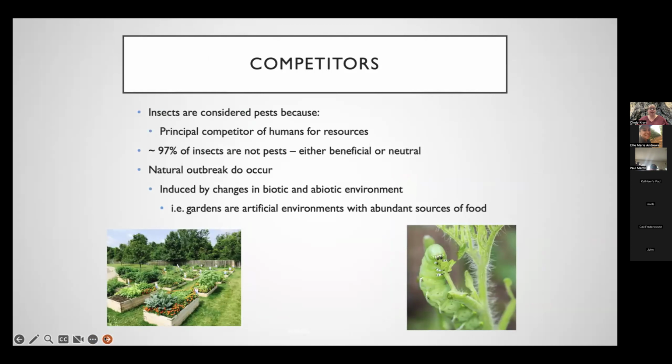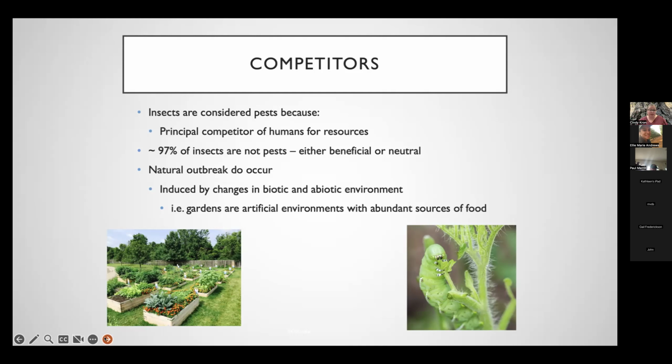Insects are considered pests because they are the principal competitor of humans for resources, for food. About 97% of insects are not pests. They are either beneficial or neutral, and that's what I was saying. The range between 2 to 5% are pest species.